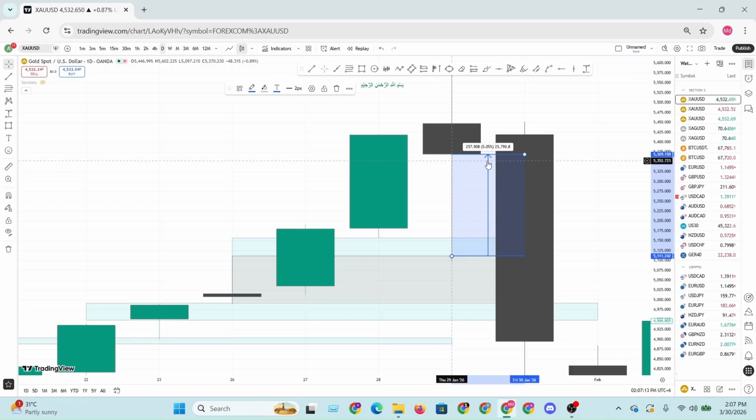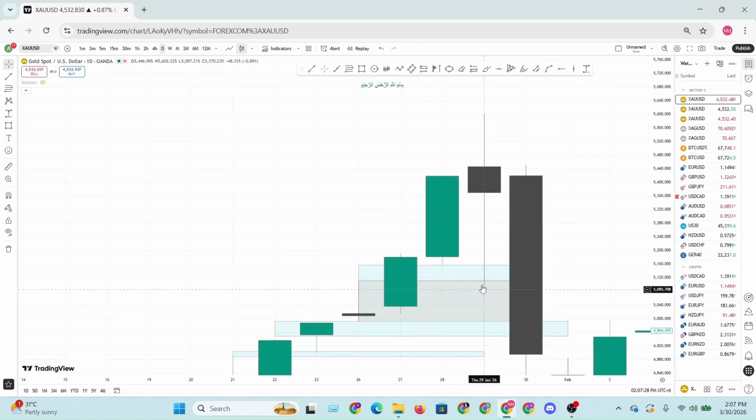Market moves from this level. Big money placed their orders from here, in this order block. So when the market comes to this level, the order is executed and price will eventually go up.